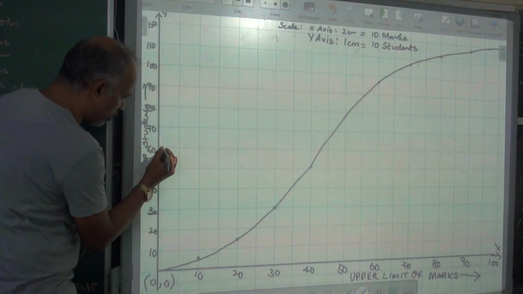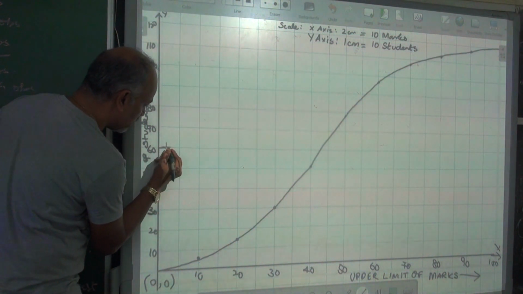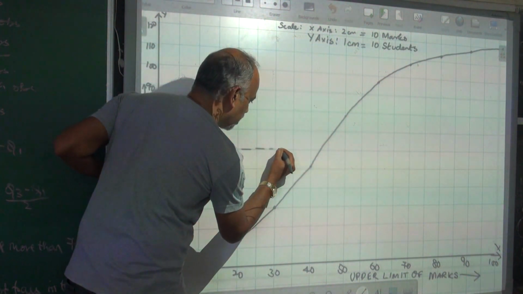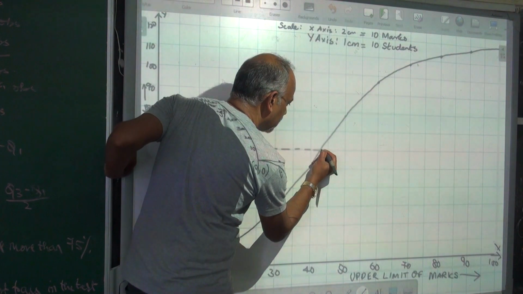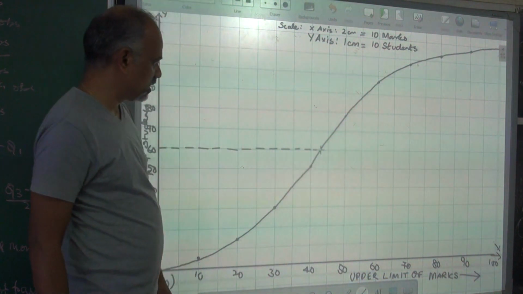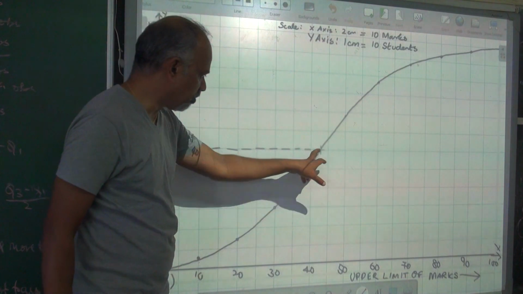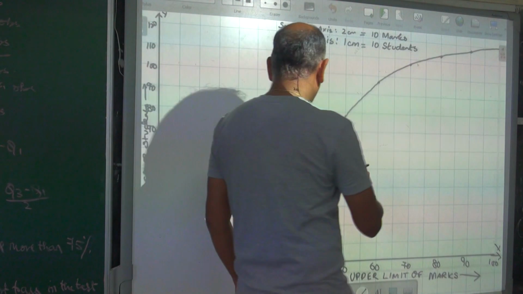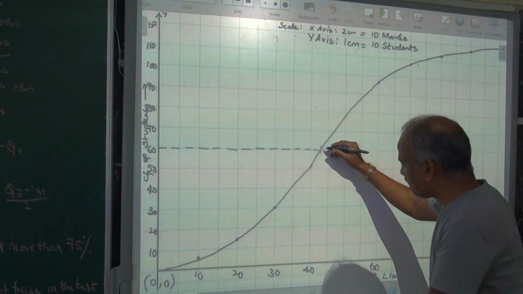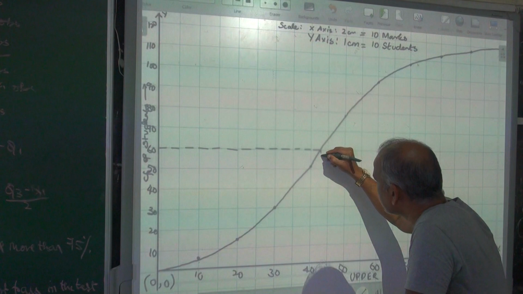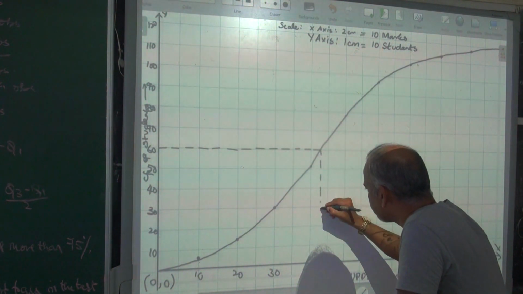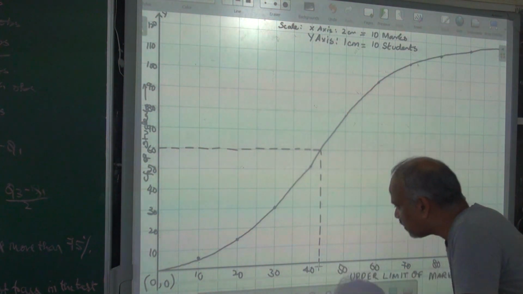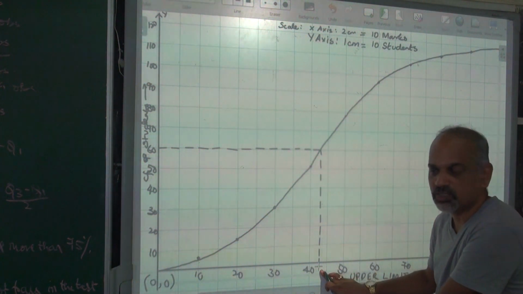So we start drawing the dotted line from the 60th observation, going and meeting the curve. From this point, I'm going to draw a vertical line going downwards. This reading that you're going to get, that value is your median.